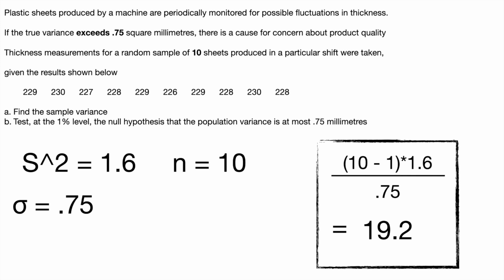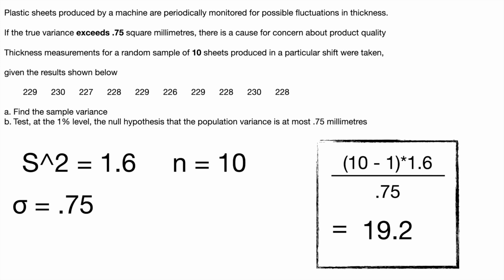And if our chi statistic exceeds the critical threshold, then we will reject. We have this sample variance of 1.6, and we're going to see if this result is so extreme that it'll make us reject our null belief that it does not exceed 0.75.